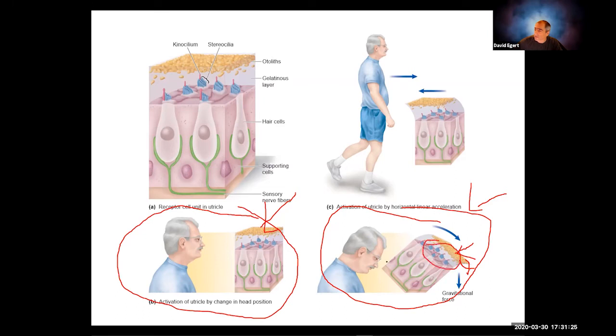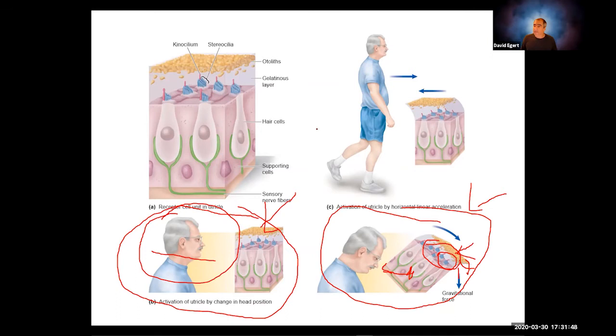Again, as he's tilting his head forward, these little stones get pulled by gravity and bend the little hair bundles, which creates an electrical signal and tells your brain, oh, he's tilting his head down with respect to gravity. Whereas when his head was at this angle with respect to gravity, it didn't bend them. So then the brain knows that it's a different situation.